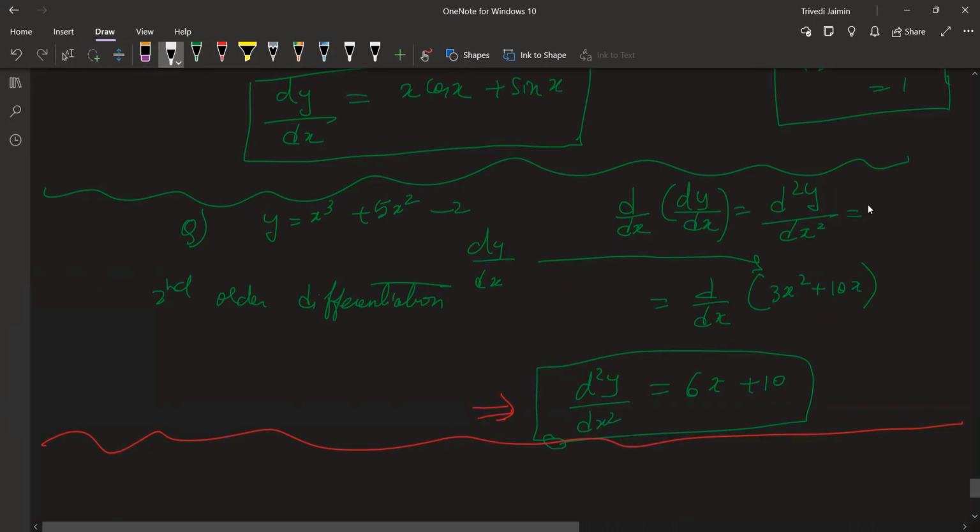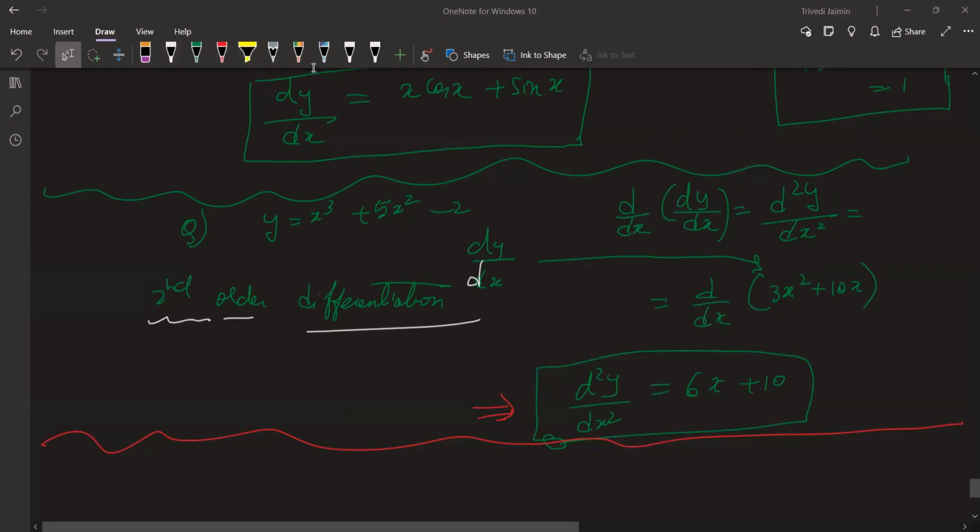For this process, a particular name is given, that is second order differentiation. Understood, Sanmita? Yes, sir, I understood now.